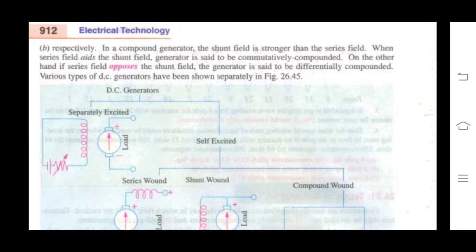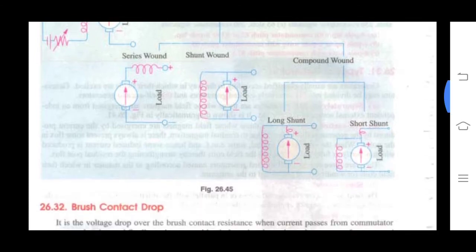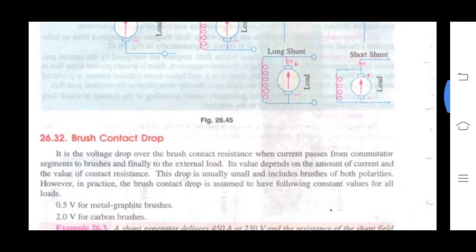In self-excited, we know the series, shunt, and compound generator. These are the long shunt and short shunt generators.